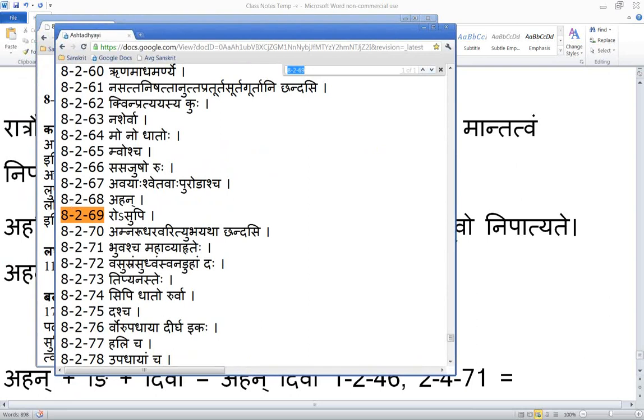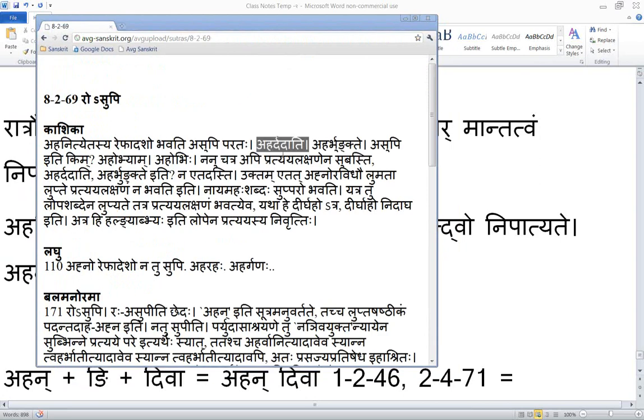So if we take ahar dadati, if it's ahan plus su and then dadati, and we use 8.2.68 with the ru adesha, it would become aho dadati by hashi cha, the wrong form. You want ahar dadati. So we need to make a repha adesha here. That's why Panini puts ros supi.